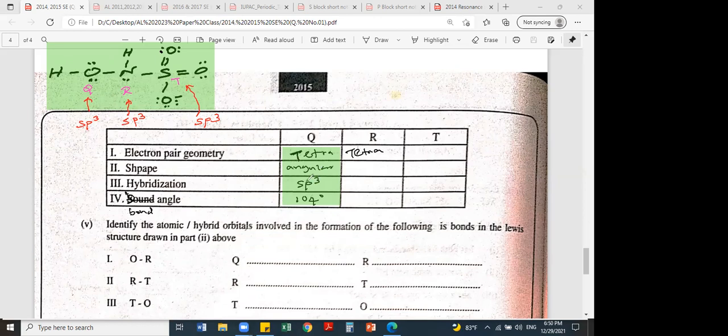What does shape mean? It's molecular geometry. Within the bracket right here is molecular geometry.